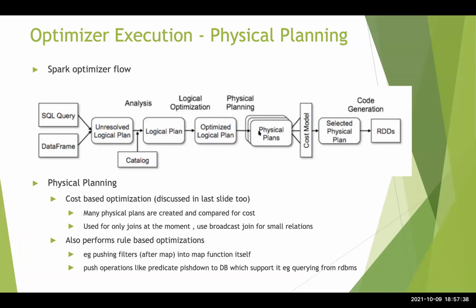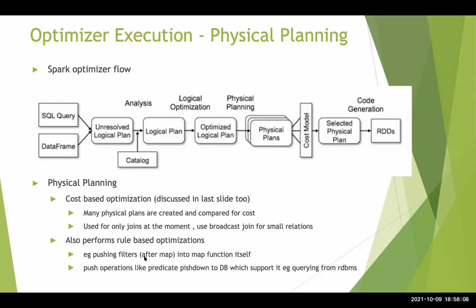To give an example, one physical plan could be, maybe predicate push down is not happening, and it figures out the cost is high, versus another physical plan which has predicate push down happening and the cost is less because the number of rows is less. It found that is better because with that physical plan it can push one dataset into the broadcast and do the broadcast join. So that's how it happens. Physical planning also performs rule-based optimization, which I already discussed, right?